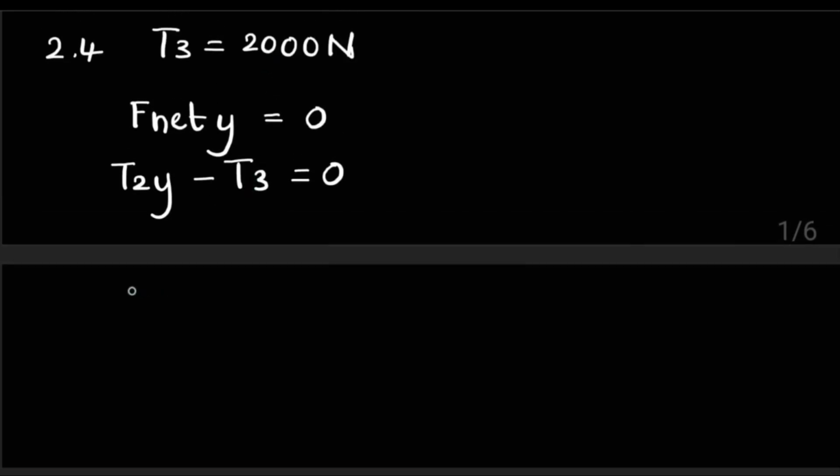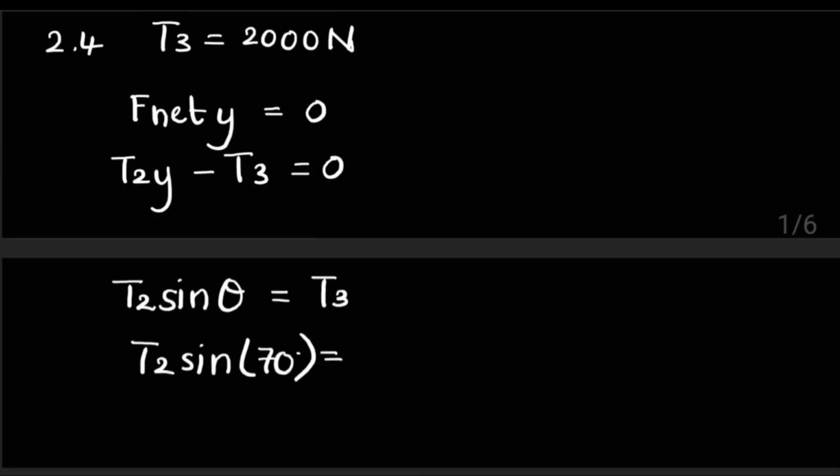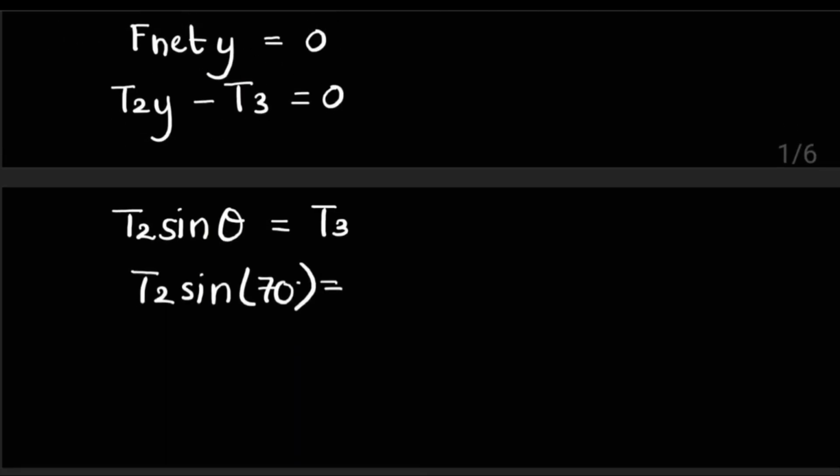Now let's further expand. We know that the y component has sine, so it's going to be T2 sine theta. And you can take this T3 over to the right since it was negative on the left. Let's substitute. We know the angle we're working with for T2 is 70. We know that T3 is 2000.